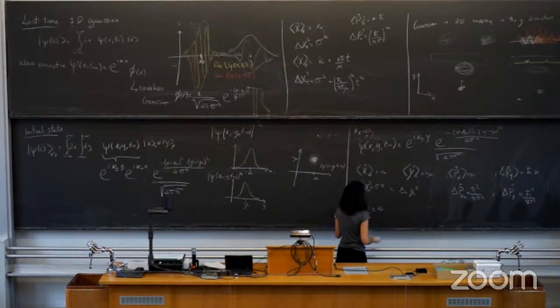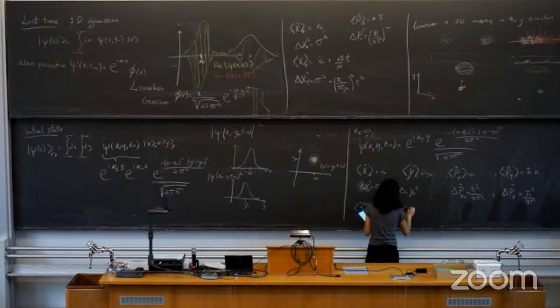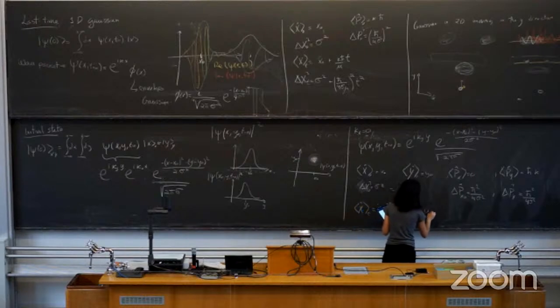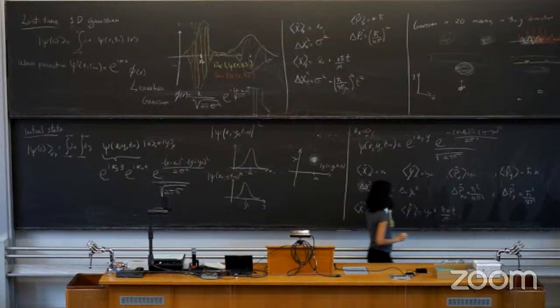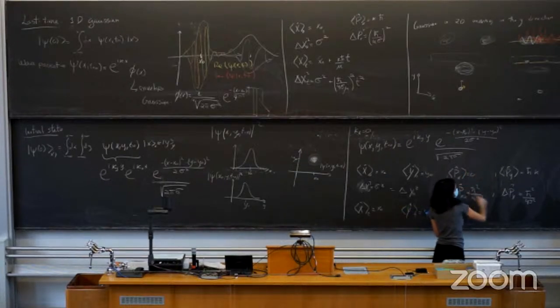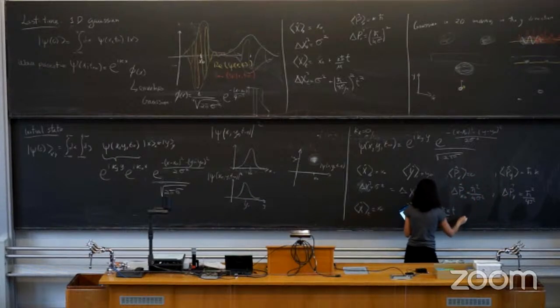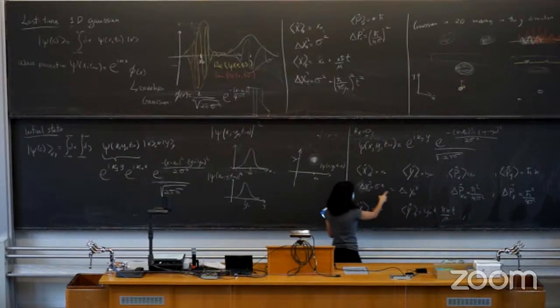As for the y, at time t, that is going to be y0 plus the momentum divided by the mass times the time. These guys don't change like before. What changes now is the variance, and it changes in the same way for both of them.